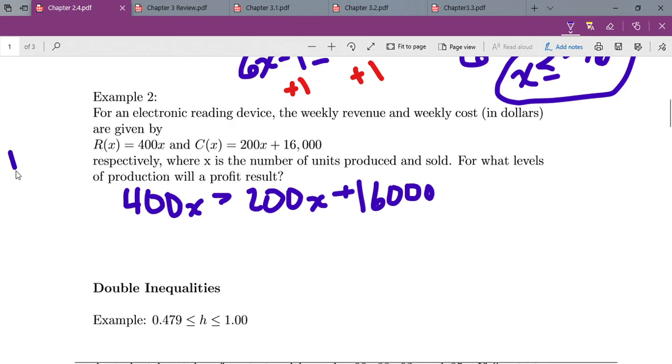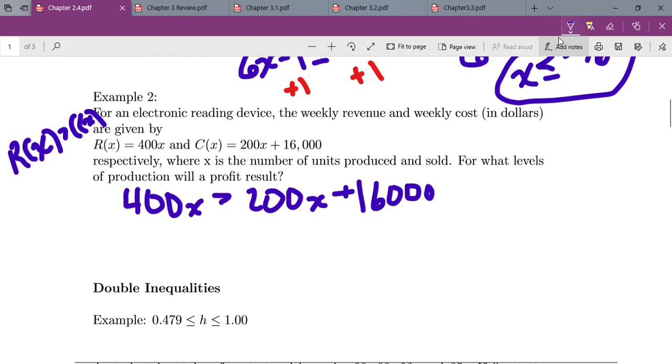Essentially all we've done here, I'll write in the margins, is in order to result in a profit, we need our revenue R of x to be greater than our cost C of x. Revenue was 400x, cost was 200x plus 16,000. So let's just solve for x here.